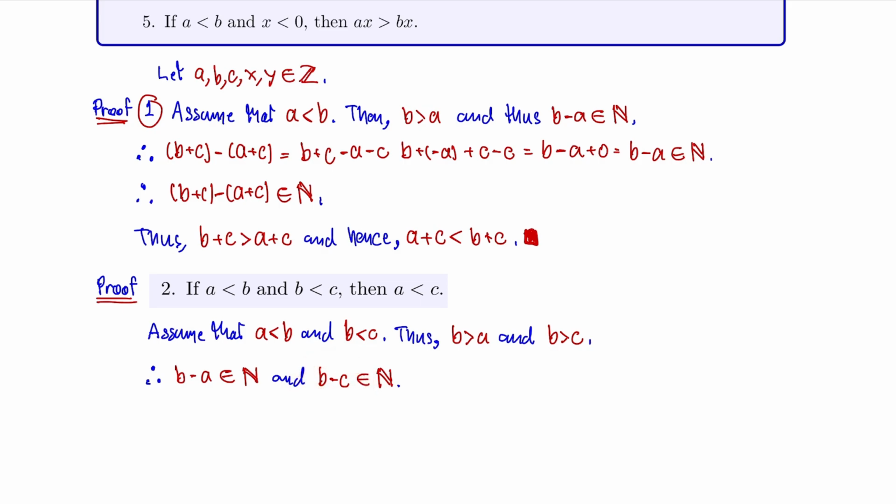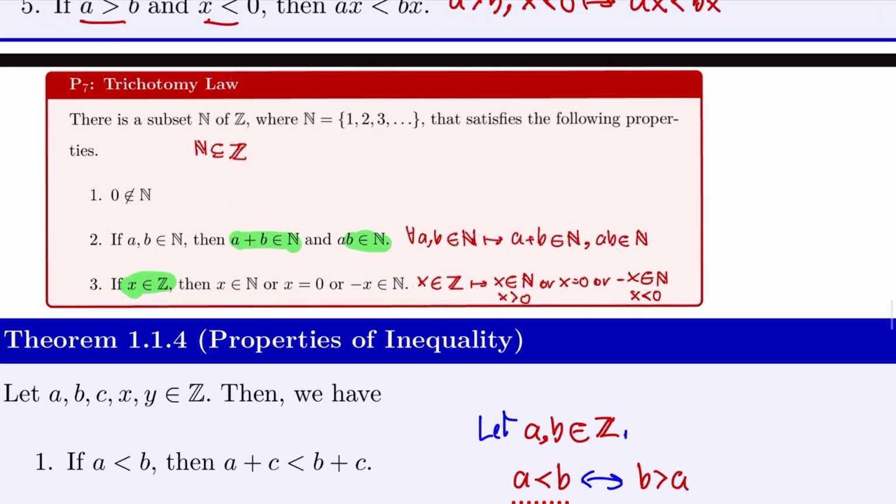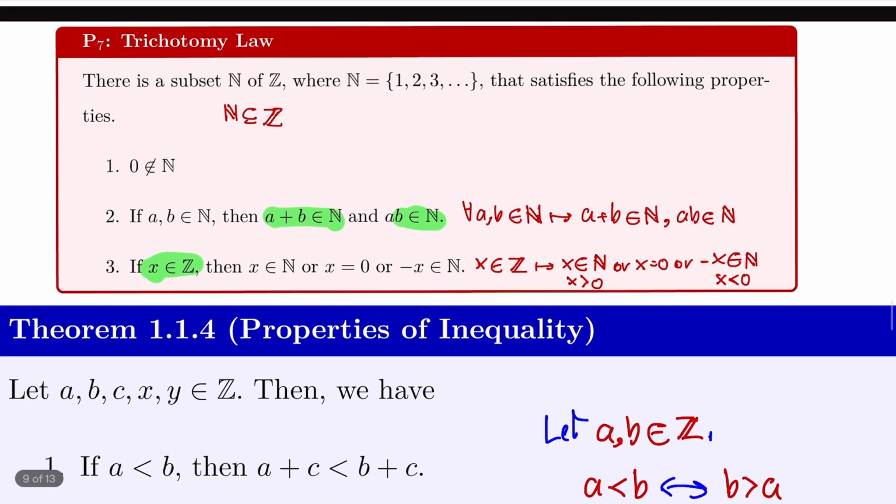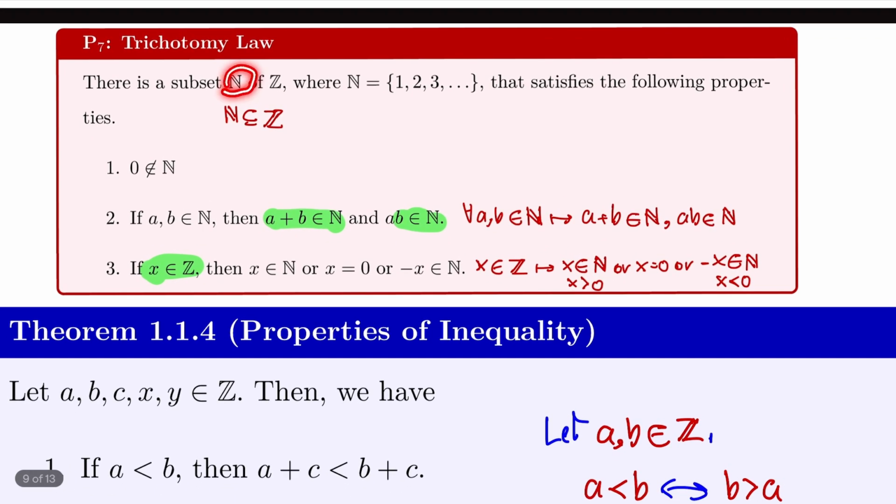According to the trichotomy law, let me recall it. The set of natural numbers is a subset of the set of integers satisfying the following properties. Number 1, 0 is not in the set of natural numbers. Number 2, for any two elements in the set of natural numbers, the sum is in the set of natural numbers, and its product is also in the set of natural numbers.